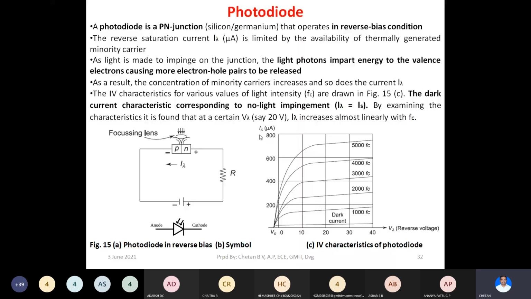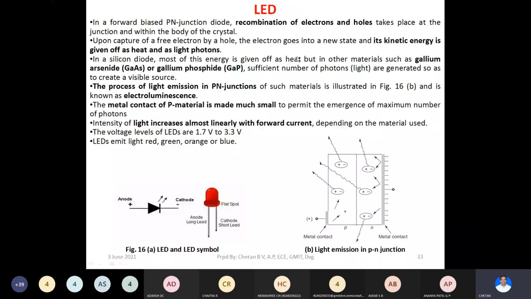Next, we have the LED. LED is a light emitting diode. As compared with the photodiode, the LED is usually operated in forward bias condition. The principle on which this LED works, or on which this PN junction diode emits light, is electroluminescence, right? This principle occurs during the recombination of electrons and holes.